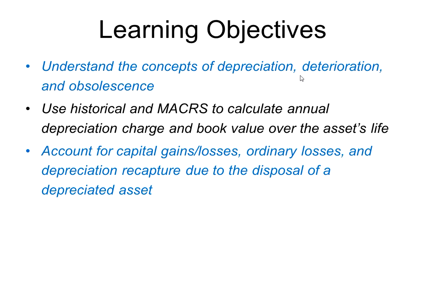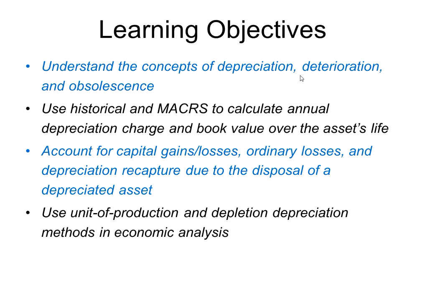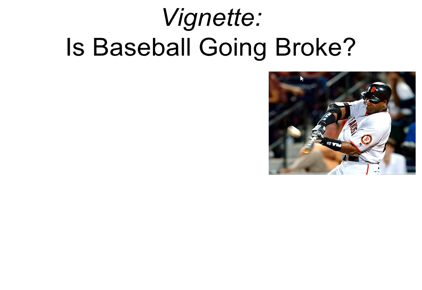We will also be able to account for capital gains or losses, ordinary losses, and depreciation recapture due to disposal of depreciated asset. And we will be able to use unit of production and depletion depreciation methods in economic analysis. And then last but not least, we will be discussing how to use spreadsheets to calculate depreciation.